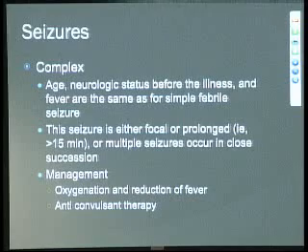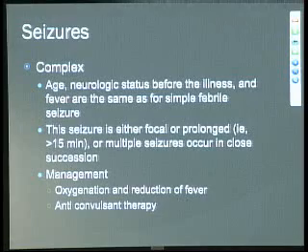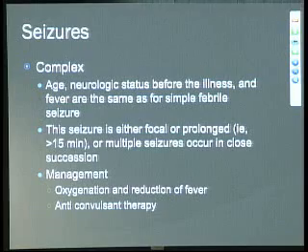But if it's focal or if it's prolonged, or if they have another seizure without returning to their neurologic baseline, then that's a complex febrile seizure, and that's when we're going to end up putting these kids on some kind of anticonvulsant therapy. That's why that history is so important to making the diagnosis, and it has big implications for their treatment.